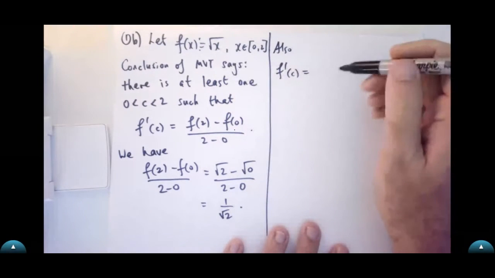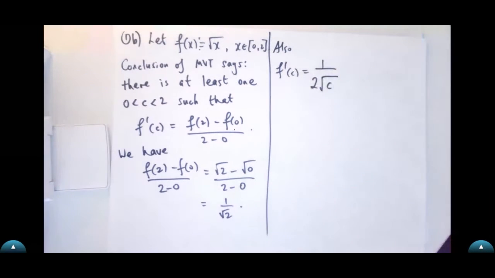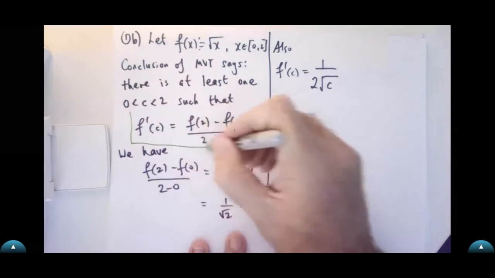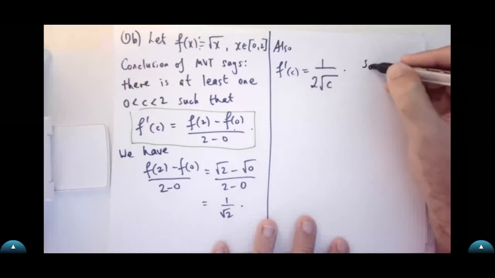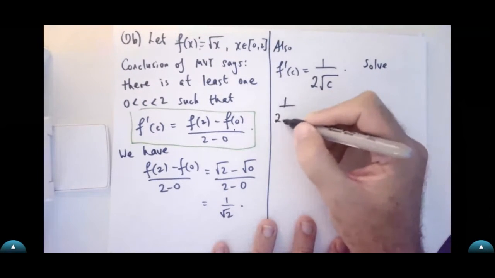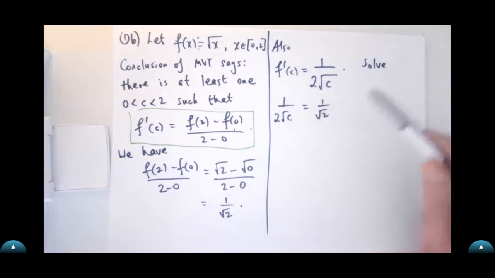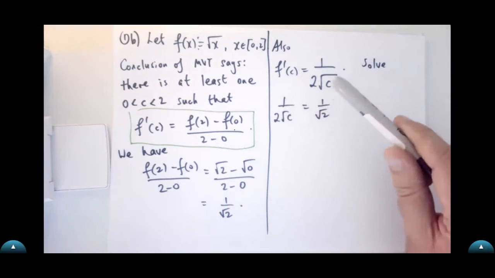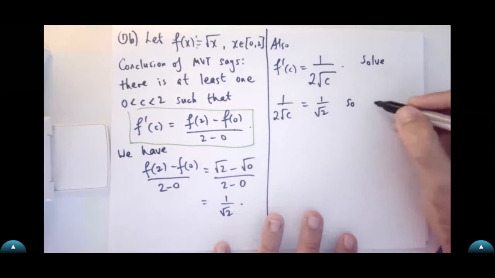If I differentiate this, I get 1 on 2 root x, and I'm evaluating it at x equals c. So let's make these two things equal, and we're going to solve this equation for c. We can change it around, right? We can bring the root c up there, the root 2 up there, and simplify.